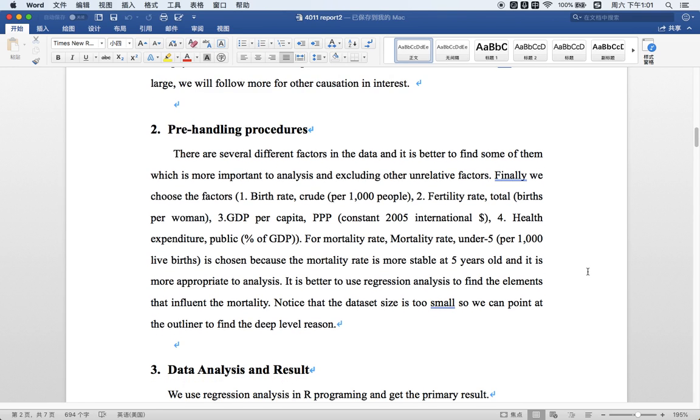So I finally found four factors: birth rate, fertility rate, GDP per capita, and health expenditure. For the mortality rate, I chose the under 5 years old children mortality rate because it is smoother to analyze.